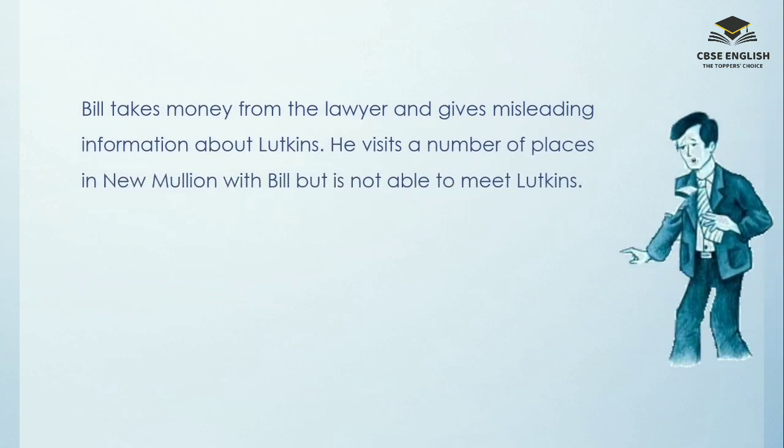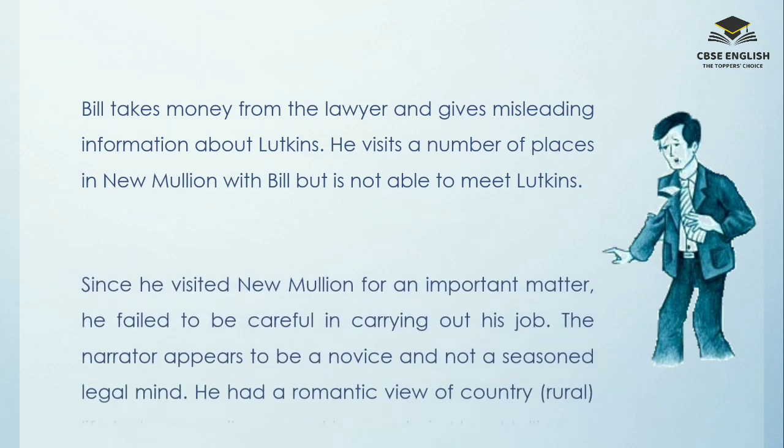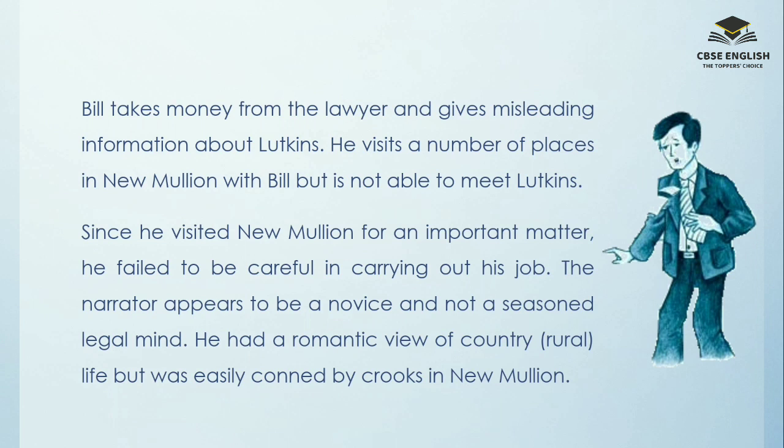Bill takes money from the lawyer and gives misleading information about Lutkins. He visits a number of places in New Million with Bill, but is not able to meet Lutkins. Since he visited New Million for an important matter, he failed to be careful in carrying out his job.